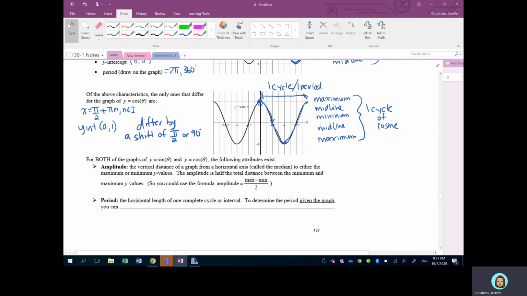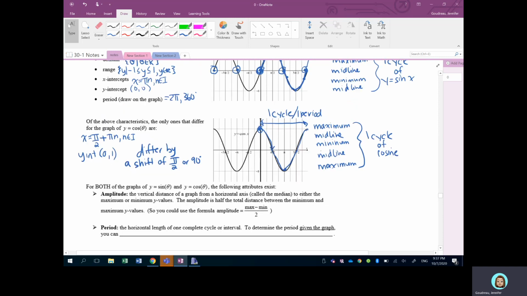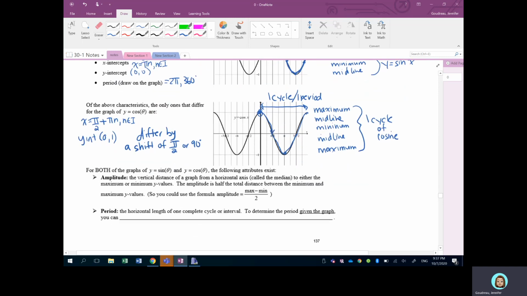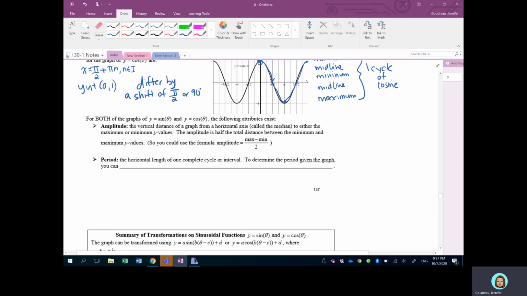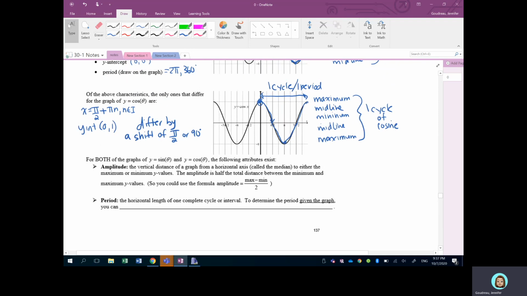Now, when we talk about trig functions, we have to learn some new vocabulary that goes along with it. So we're about to learn 2 new words right now. For both the graphs of sine theta and cosine theta, we have the following attributes. The first attribute is amplitude.